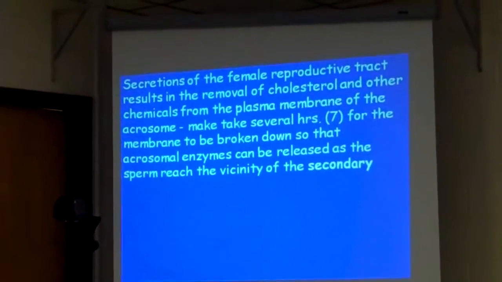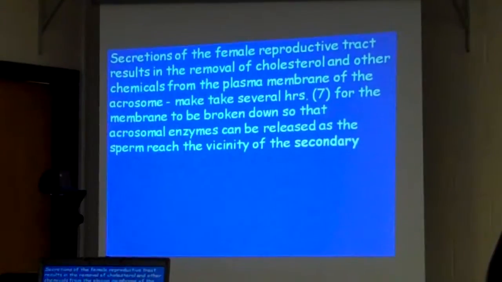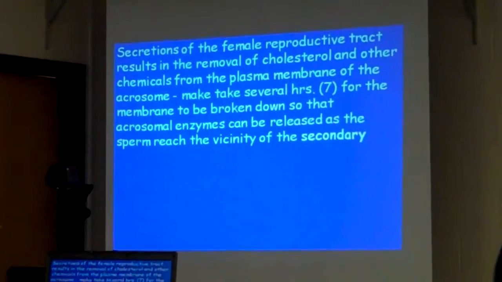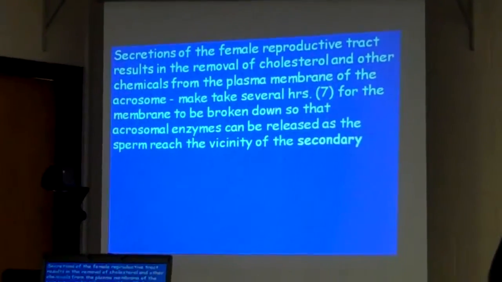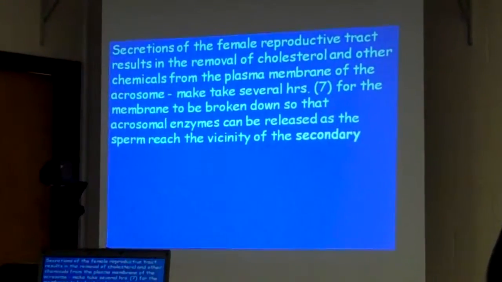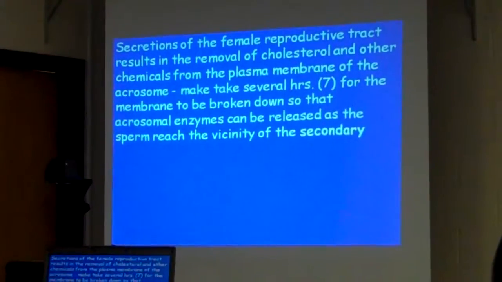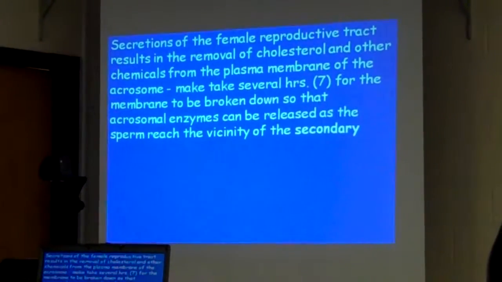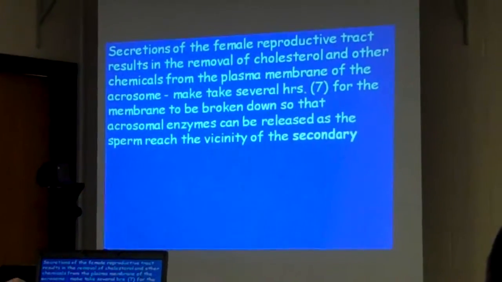The secretions of the female reproductive tract are going to be detrimental to the acrosomal end and cause the release of these enzymes necessary for dissolving away the corona radiata and the zona pellucida and getting to what's referred to as the female pronucleus. So that's just the biology of how it works. Keep that in mind.